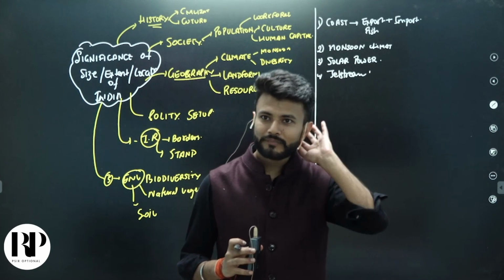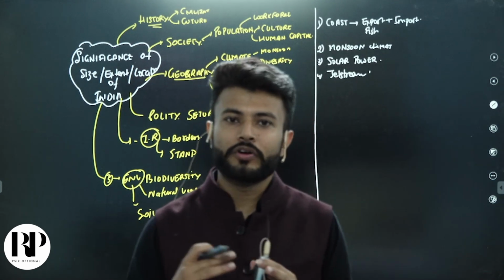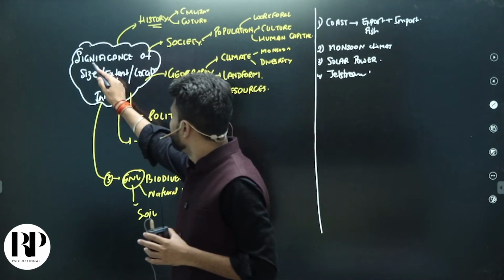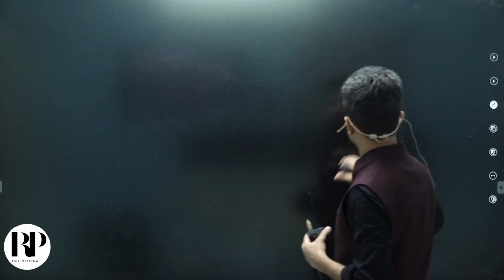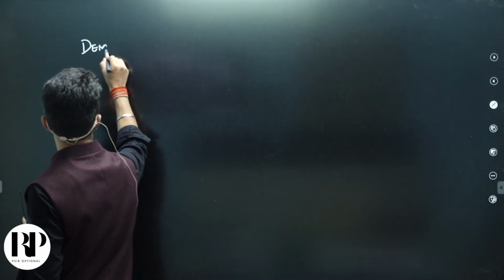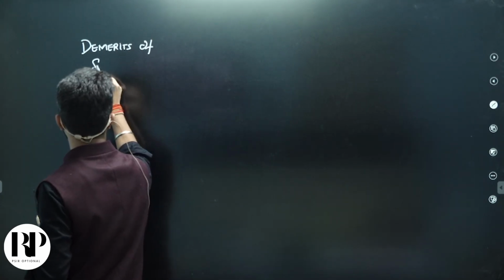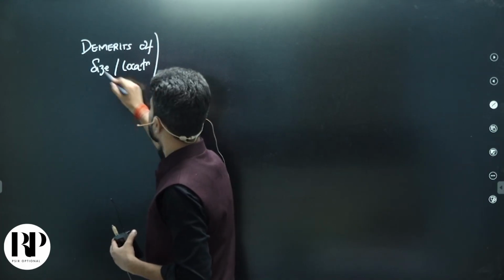So that is how you can come up with a lot of multidimensional points. Once we are done with the significance, now the second part: what are the demerits of the size and location of India?